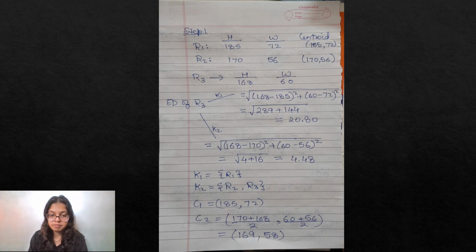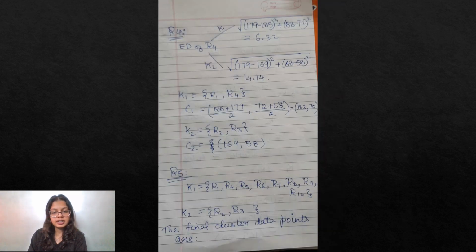So K1 will remain the same, but K2 will be R2 comma R3. Same with the centroids, C1 will remain the same, 185 comma 72, but C2 will change. So now the new C2 is 169 comma 58.